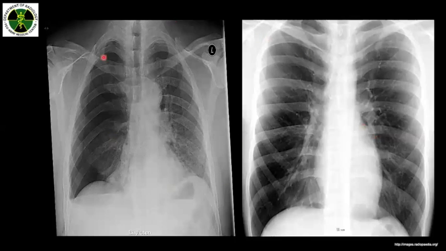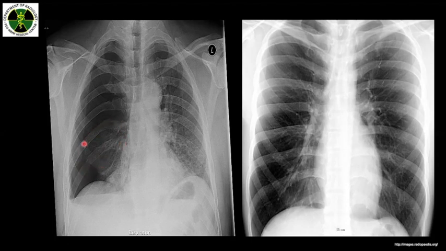And for this, what abnormality can you identify? Can you see an abnormality? 2, 3, 4, 5, 6, 7, 8. I think in the eighth rib, we see discontinuity, so that is probably a fracture. What else?